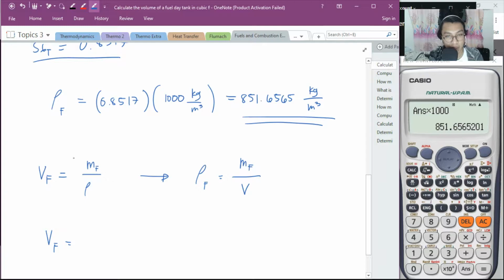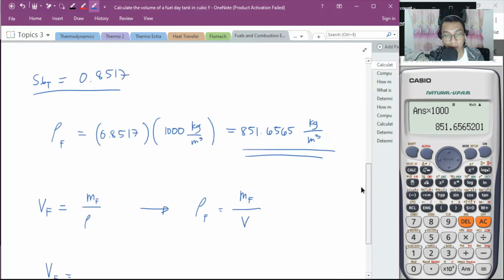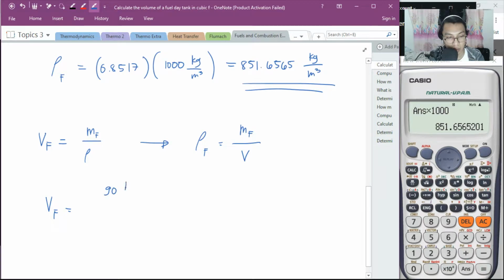Volume of the fuel is mass of the fuel, which is 90 kilogram per hour, over 851.6565 kilogram in every cubic meter. Ang problema mo dyan, day tank. So, gagawin mong day ito. So, 1 day is 24 hours. Okay, cancel natin yung same units. Kilogram, kilogram, yung hour, and then hour. Ang natira is day, cubic meter per day.